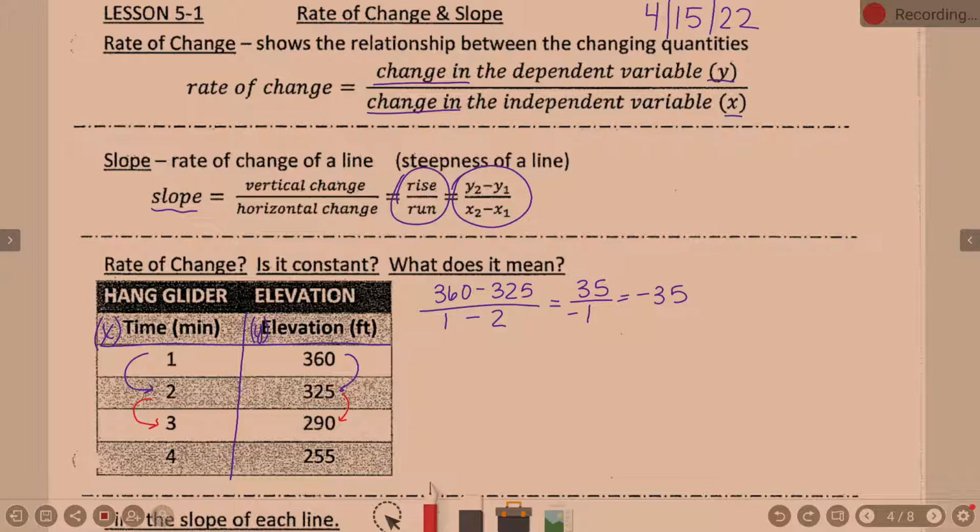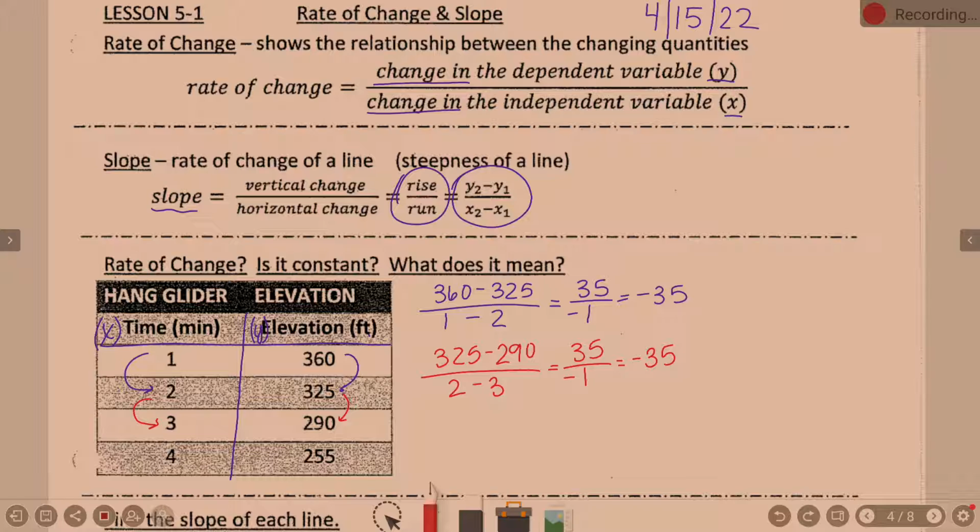So again, if I go first minus second, so 325 minus 290, then on the bottom, I'm going to go first minus second again, so 2 minus 3. What is 325 minus 290? 35. What is 2 minus 3? Negative 1. What's 35 divided by negative 1? Negative 35.